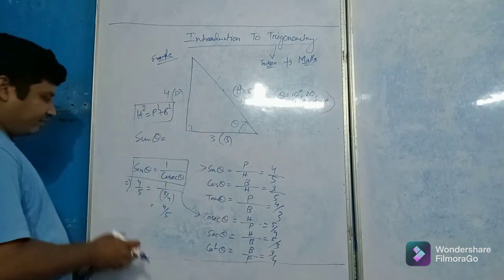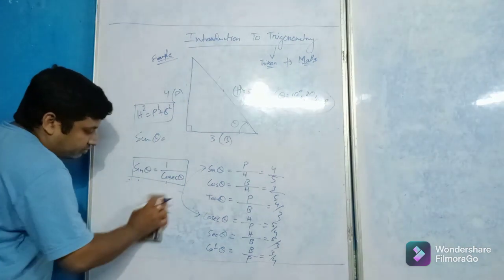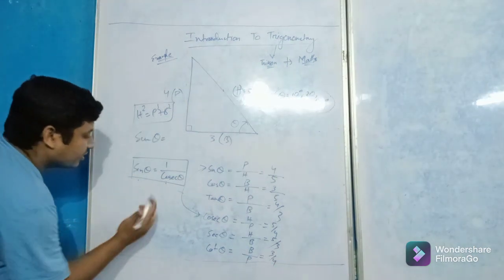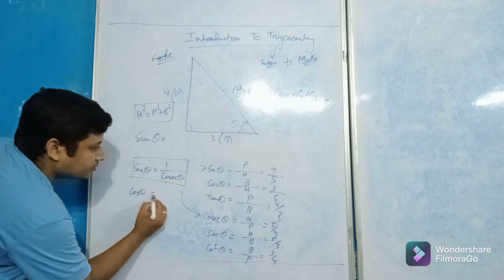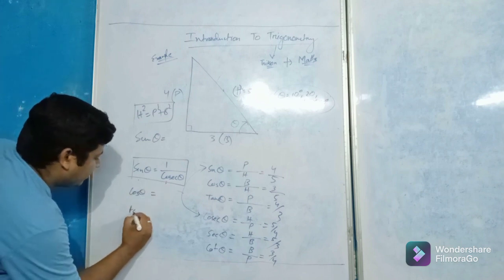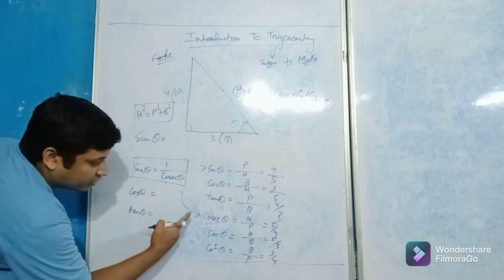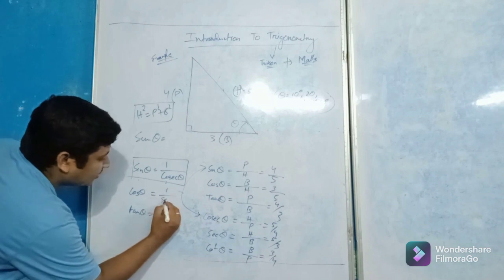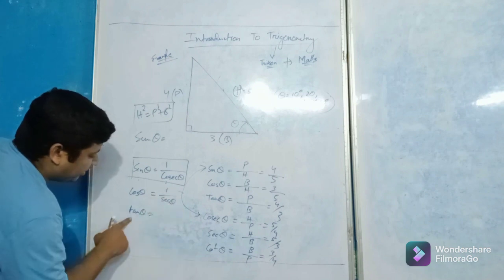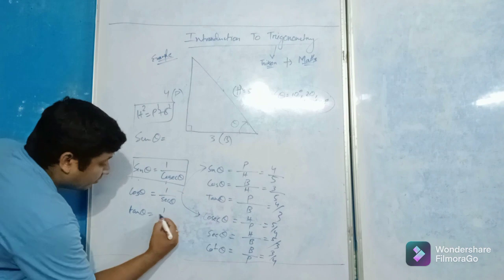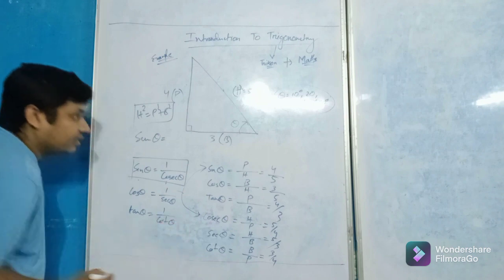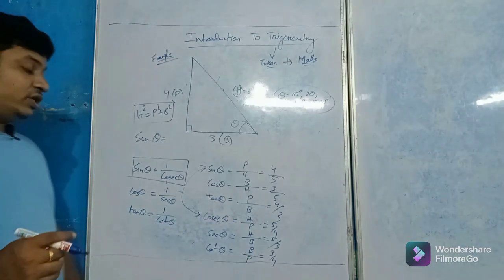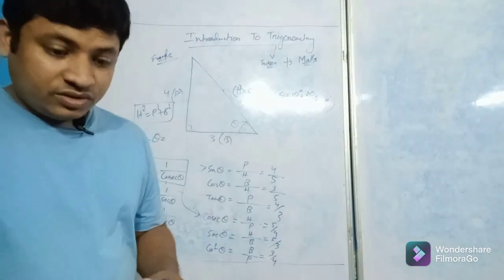Now we can find out some relations. Cos theta equals to what? 1 by sec theta. Tan theta equals to what? 1 by cot theta. It is all about trigonometric ratios.